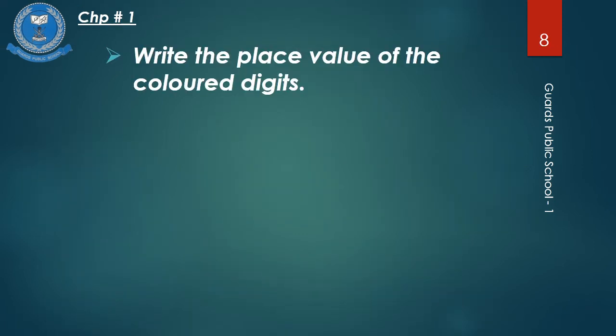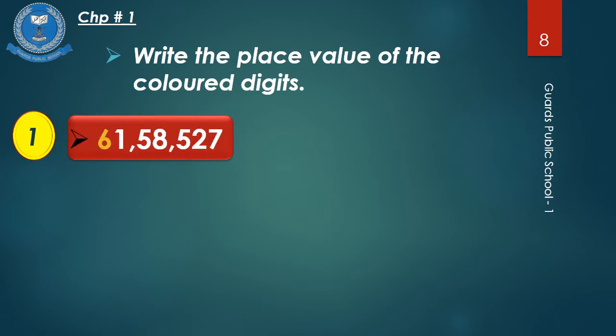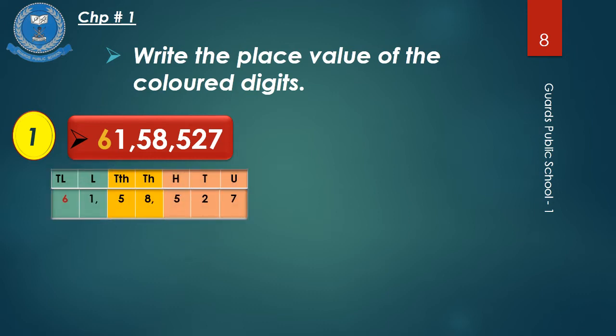Let's do some examples of the place value of color digits in the following 7-digit numbers. Let's start with the first one. As the commas clearly shows that the number is given in Pakistani way. In the first example, the color digit is 6. For giving the answer correctly, I will read from the right hand side, that is from unit place.